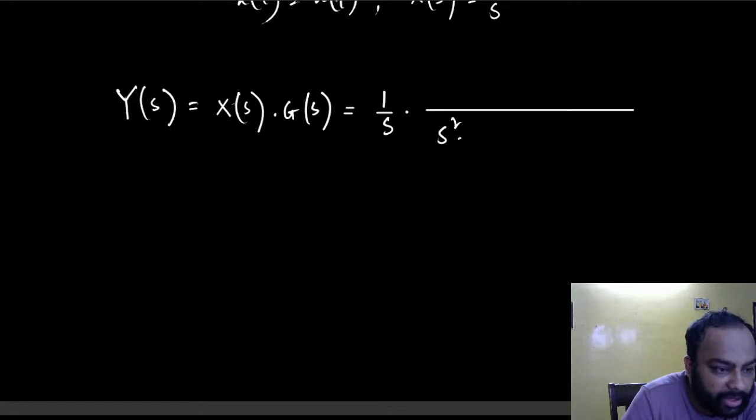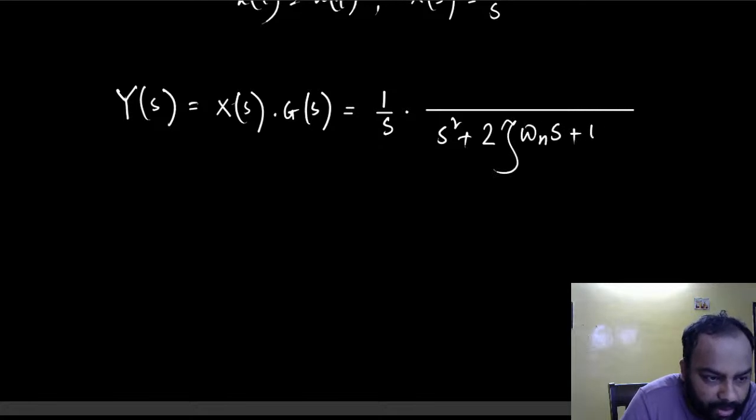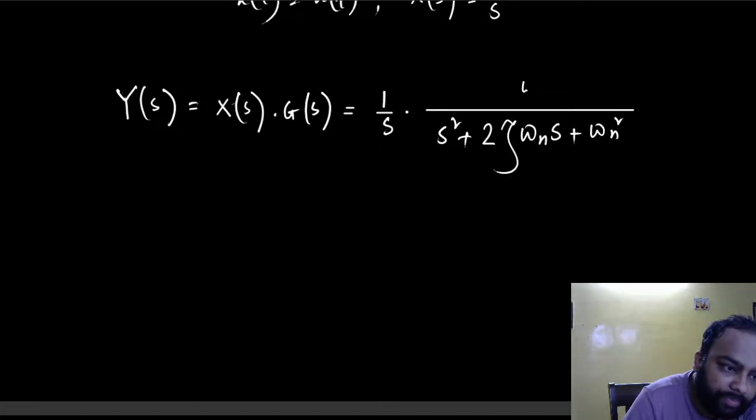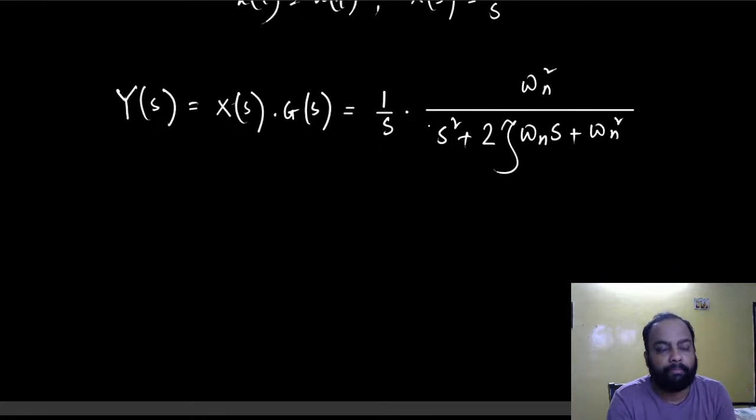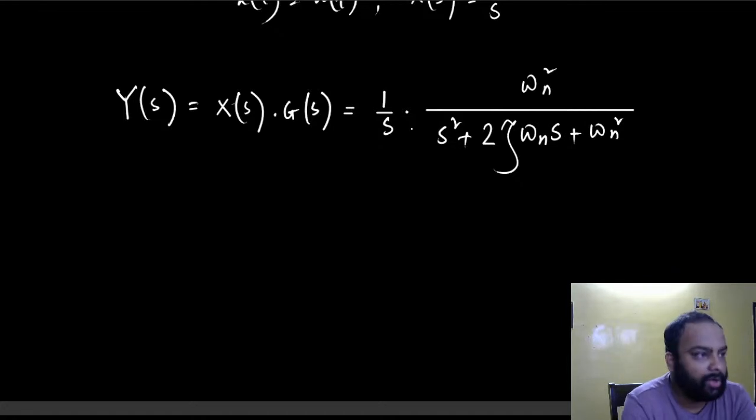So this is going to be s square plus 2 zeta omega n s plus omega n square, and we have omega n squared. Once again, you have to understand that I am just removing the scaling factor here. That can be brought in anytime I want, just by scaling the output, right? Because Laplace transform is a linear operation, right? So if you scale the input by a certain value, the output is also going to scale by a certain value, right? All right. So that is what it is, right?